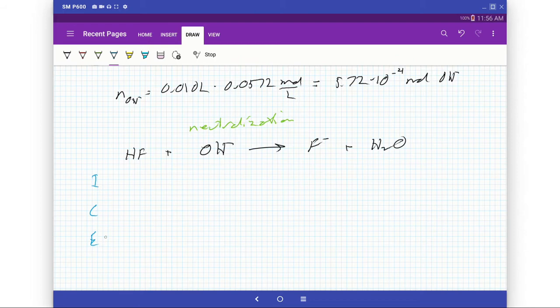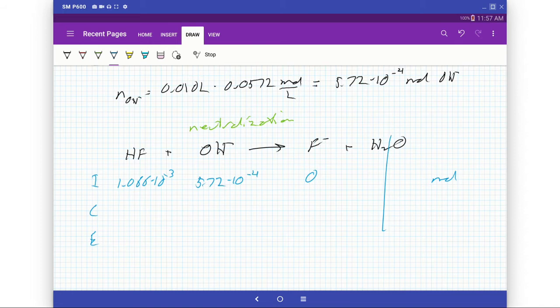Even though we've added the hydroxide, the moles of HF are unchanged initially at 1.066 times 10 to the minus 3 moles. We just calculated the moles of hydroxide, and we don't need to worry too much about water. The limiting reagent here is the hydroxide because of the stoichiometry, and it's the smallest number.